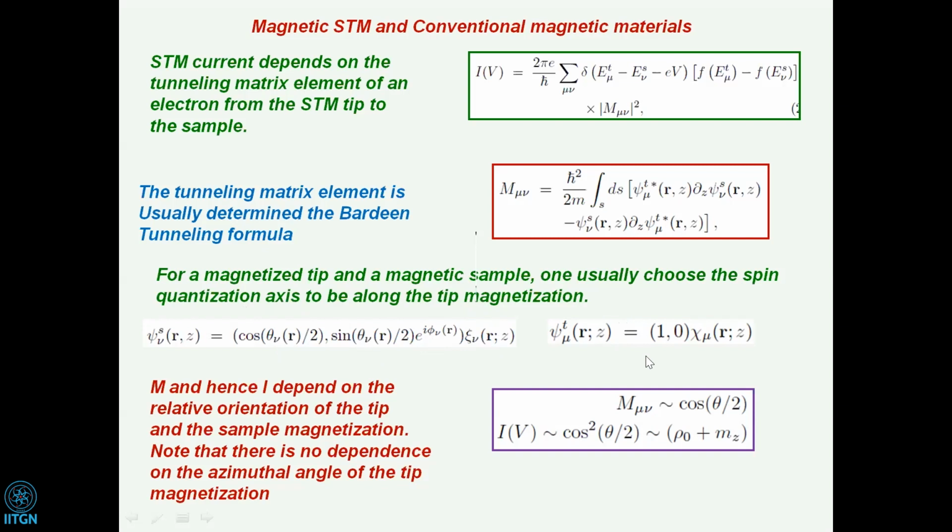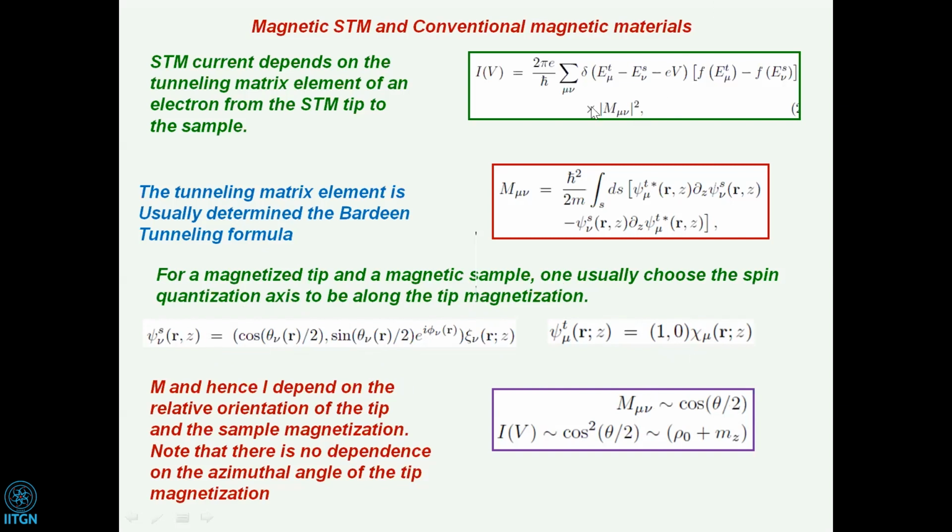Now the spinor structure of the tip, I'm going to choose my spin quantization axis along the direction of magnetization of the tip, and so it's 1, 0. So now, if I calculate this mu, you see that clearly just by taking the overlap of these two wave functions, that is proportional to cos theta by 2.